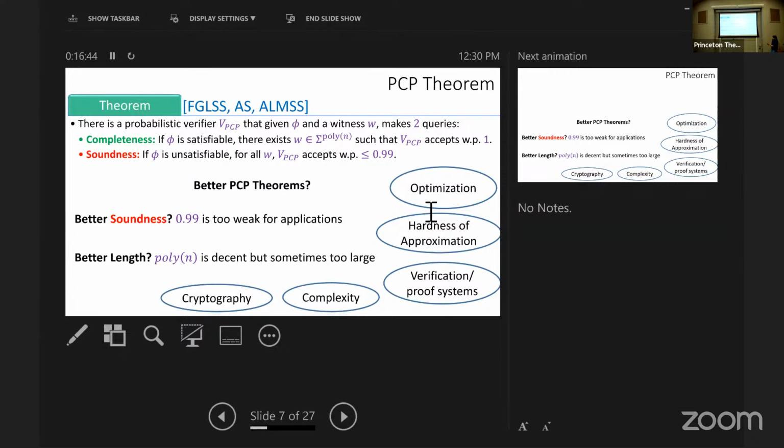And each one of these things cares about different regimes, different parameters, but it's all in there in one way or another. I mean, we'll see some applications. Okay. So is everybody clear on how we are going to try to improve the PCP theorem? Cool.